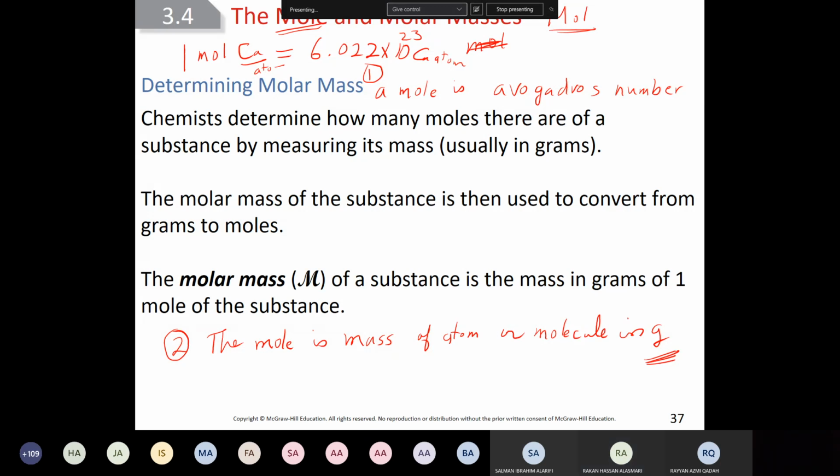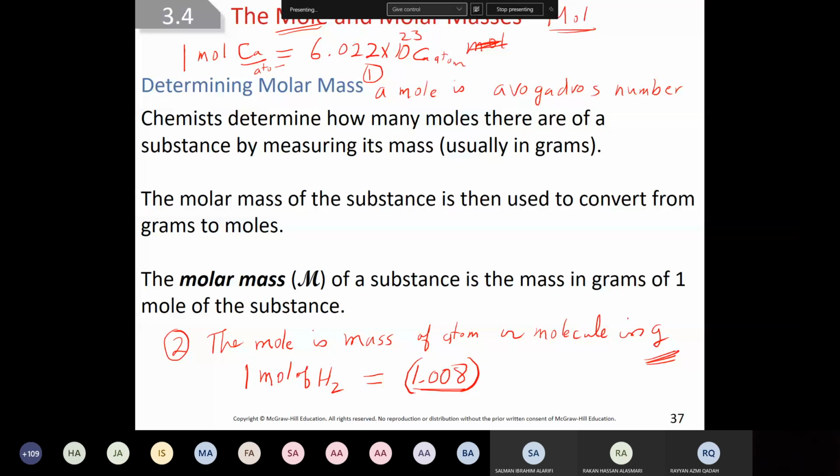So if I say 1 mole of hydrogen, H2, then this is equal to the mass of one hydrogen atom, which is 1.008. We got this from the periodic table. Clear?